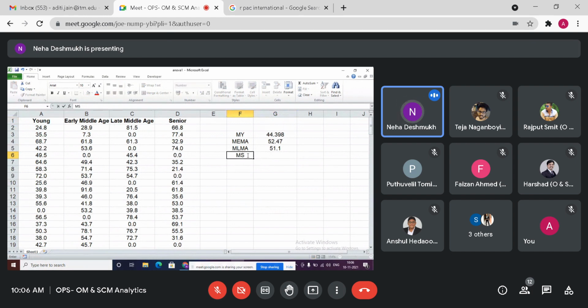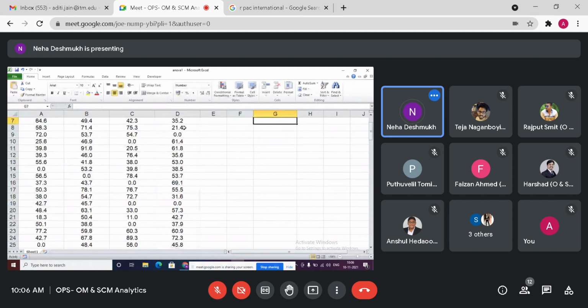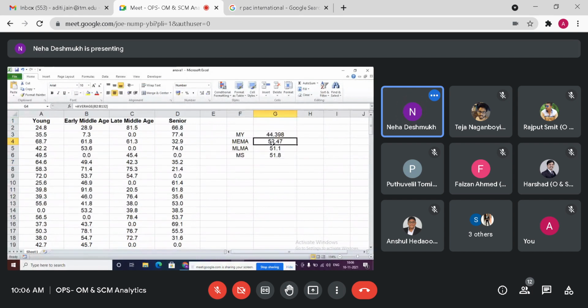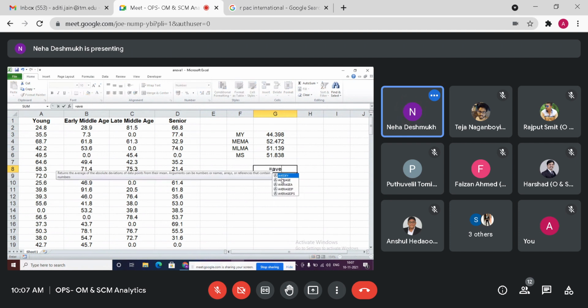And the mean of the last one. Let's consider this up to 3 decimal places. Now calculate the average of all these. This is the grand mean, right? Yes, class.